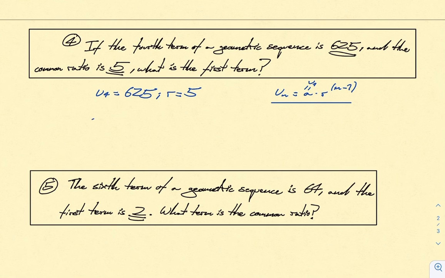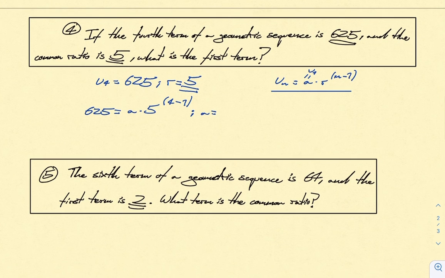So we know that 625 equals A times the ratio, which they tell us is 5, to the power of n minus 1. Now, what's n? Well, they gave us our fourth term, so we know that n is 4, but then it's minus 1.